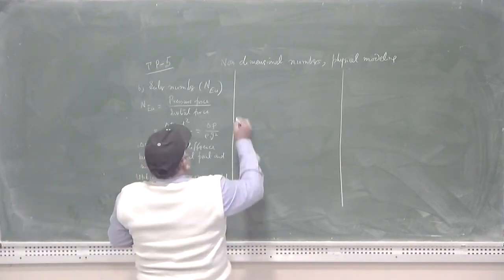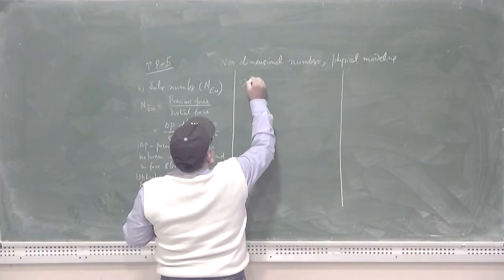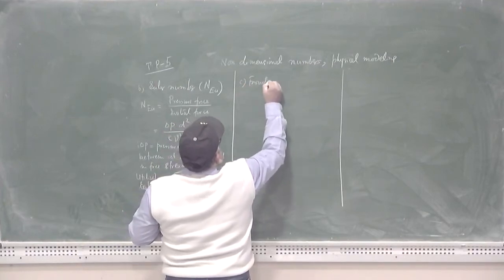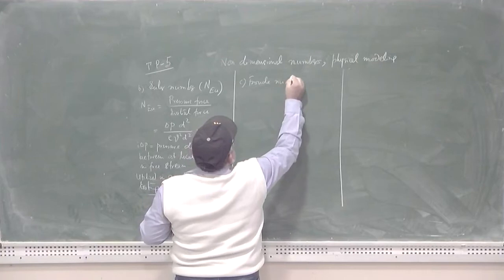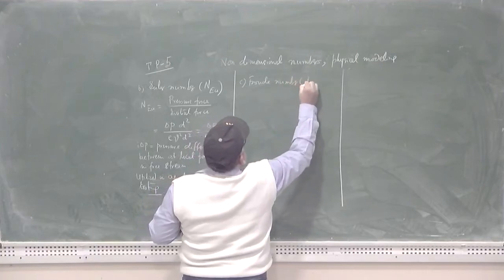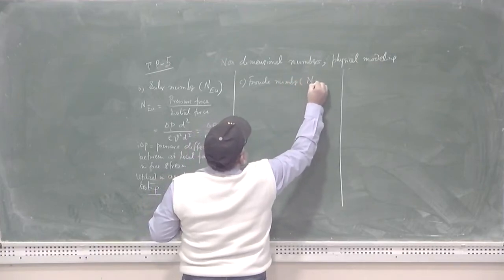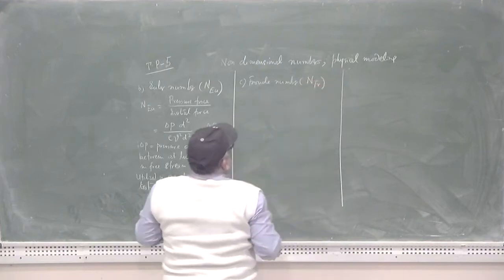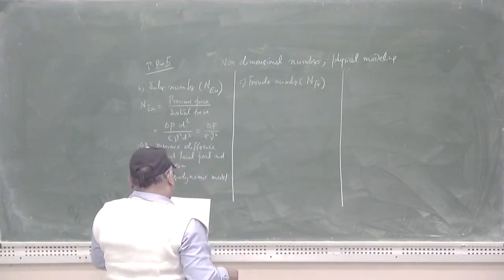Next is the Froude number, denoted by NFR.